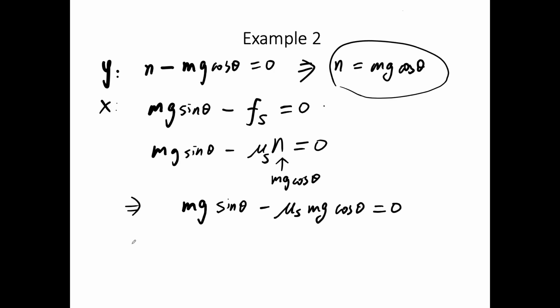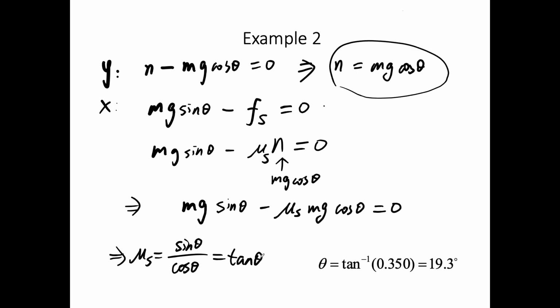You can eliminate mg from both terms, and in the end we find mu s equals sine theta divided by cosine theta, which equals tan theta. Now we're ready to find theta: theta is the tangent inverse of mu s. So if your mu s is 0.35, your theta is 19.3 degrees.